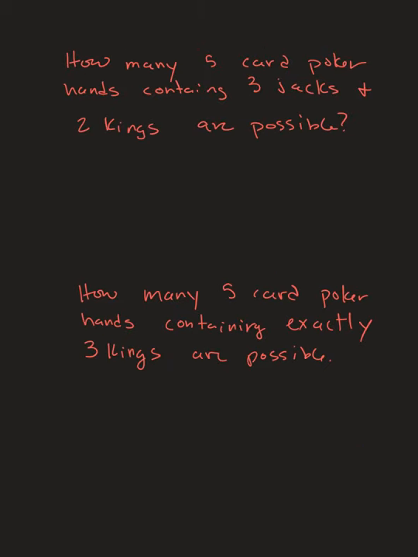Let's look at another one. How many 5-card poker hands containing 3 jacks and 2 kings are possible? Notice that this time we have 2 separate groups: jacks and kings. So I'm going to have a section for jacks and kings.